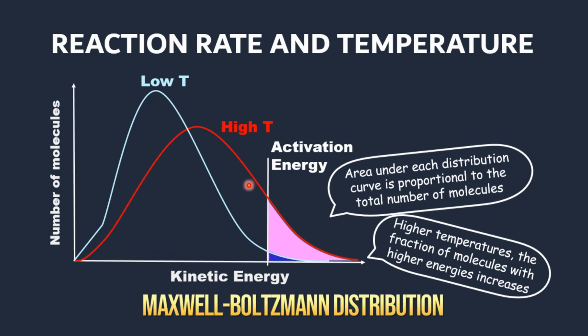Kita boleh tengok graf yang berwarna merah ni high temperature, dan yang berwarna biru ni low temperature. Under the graph, kita tengok the pink color is higher. Lagi luas kawasan yang berwarna pink berbanding berwarna biru ni. Ini menunjukkan fraction of molecules with higher energy lebih besar untuk high temperature compared to low temperature.